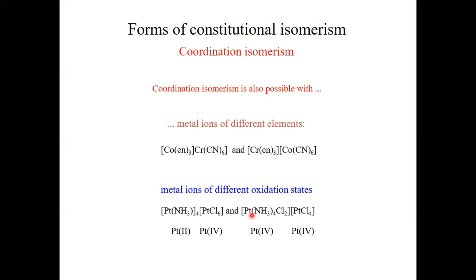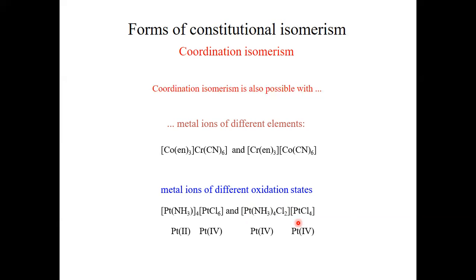In this complex cation, we have now 2 chloro ligands and 4 amine ligands. That again gives the complex cation with a 2+ charge because the platinum has an oxidation state of 4, the amine ligands are neutral, the chloro ligands are anionic, and that reduces the 4+ charge to a 2+ charge at the complex cation.